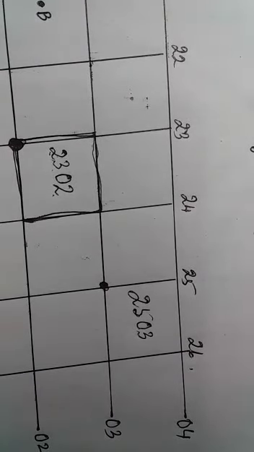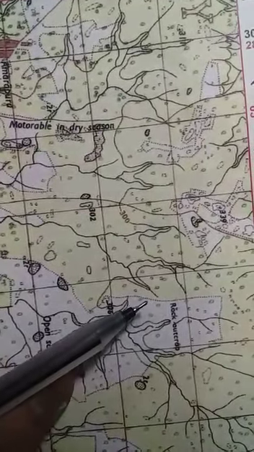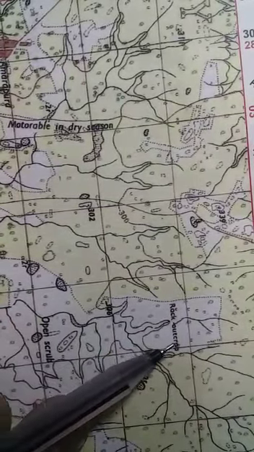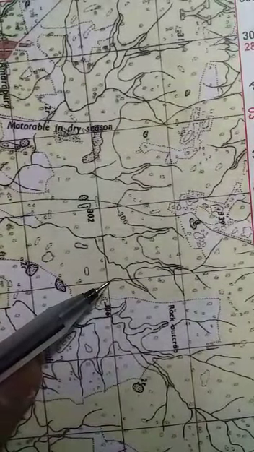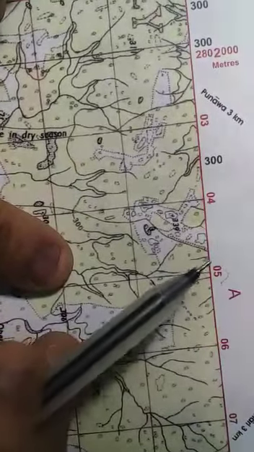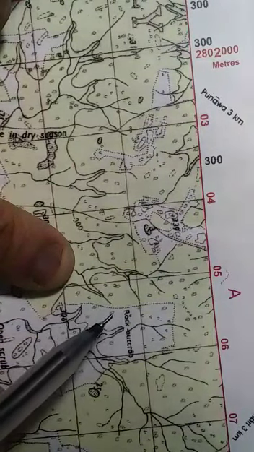On the topographical map also you can find this out, and I'll show it as an example. So these are the grid squares. I want to find out the 4-figure grid reference of this grid square. So this point will be the southwest corner, and I'll see which line of easting passes through this. It is 05, so I'll be writing 05 here.